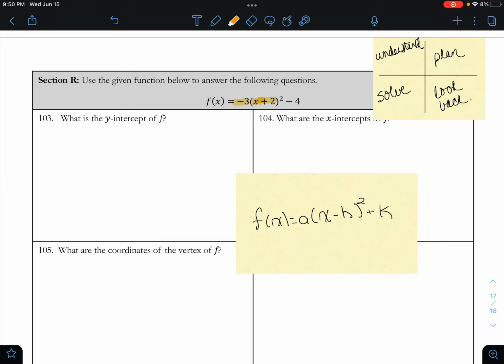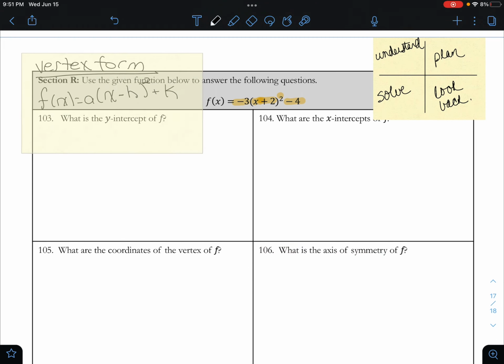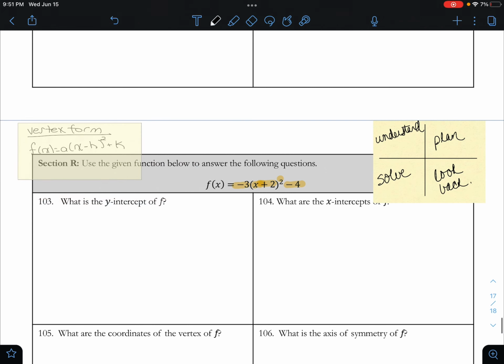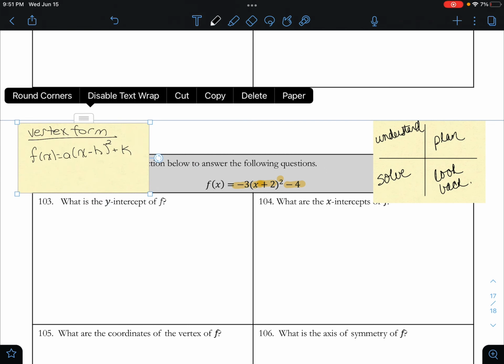It just means that h is actually negative 2, and my plus k is actually a negative 4. I'm also seeing there's my little exponent that shows me that this is in vertex form. I'm not even going to write that here. This is a vertex form equation, so I don't want to put it in standard form. I'm just going to leave it in vertex form because vertex form is actually wonderful for making graphs of polynomials because it's got the vertex right in there.